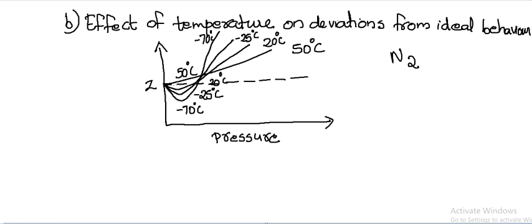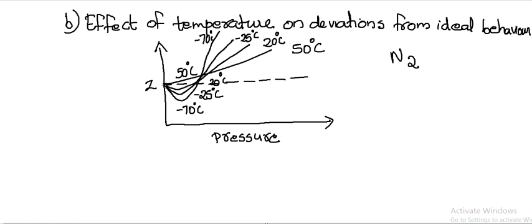That is, at 50 degrees Celsius, in the case of nitrogen, it shows Z value equal to 1 for a specific range of pressure, that is a very low pressure range, from about 0 to 100 atmospheric pressure.